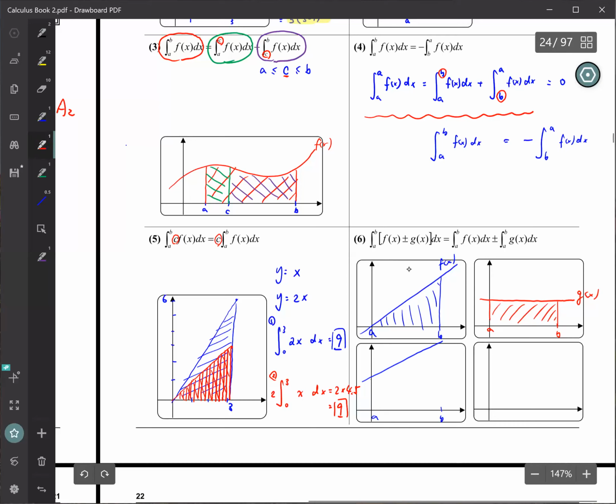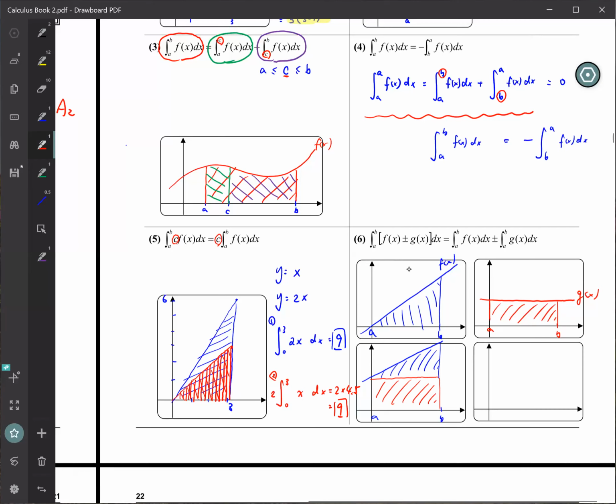And then the red one is down here, right? Adding up the two areas. Okay, so that's what it means.